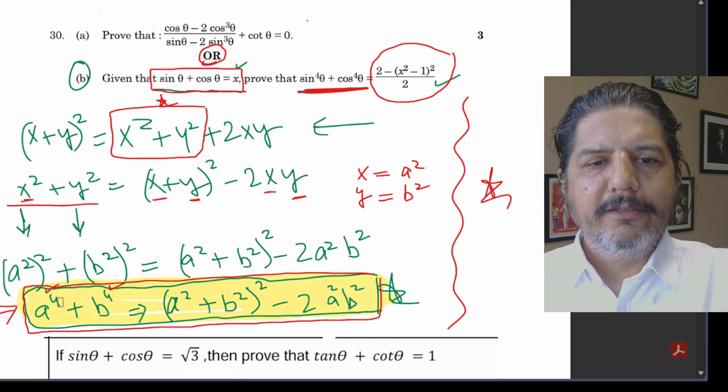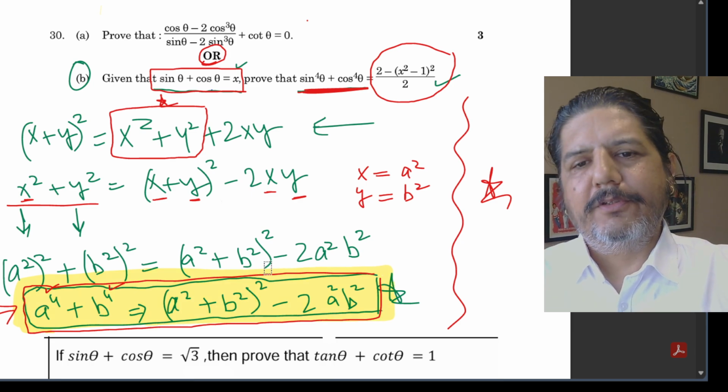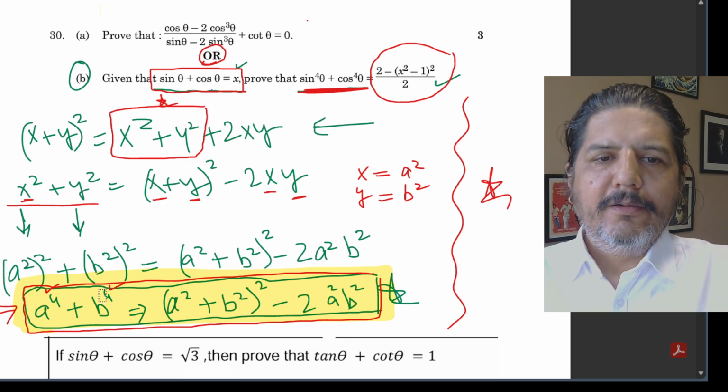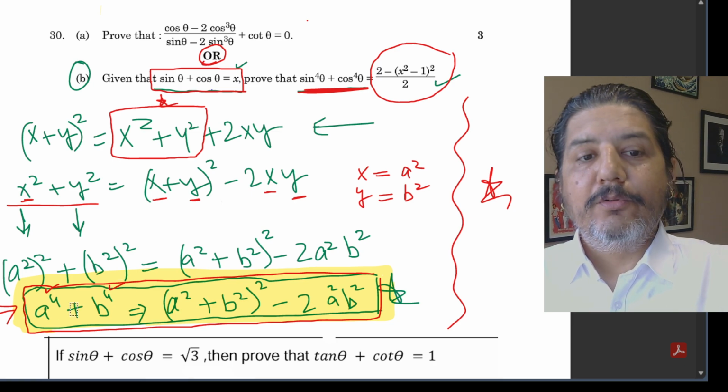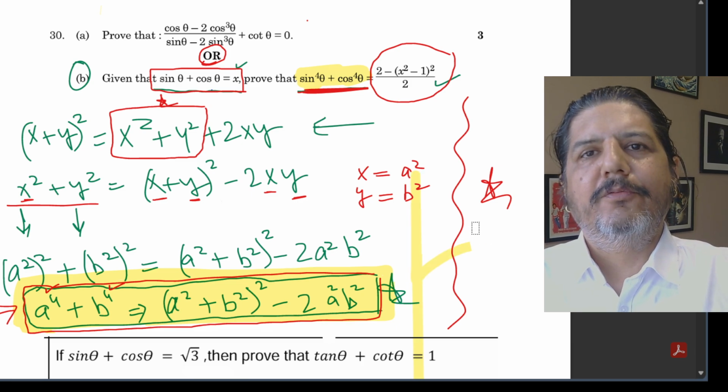Why did we derive this? Because usually we won't remember an expression like this, but this is what we'll require. If you remember this, well and good. And how did I know that I have to use this? Because I saw this sine 4 plus cos 4 theta. Once I saw this, I understood that this is the expansion that would be required.